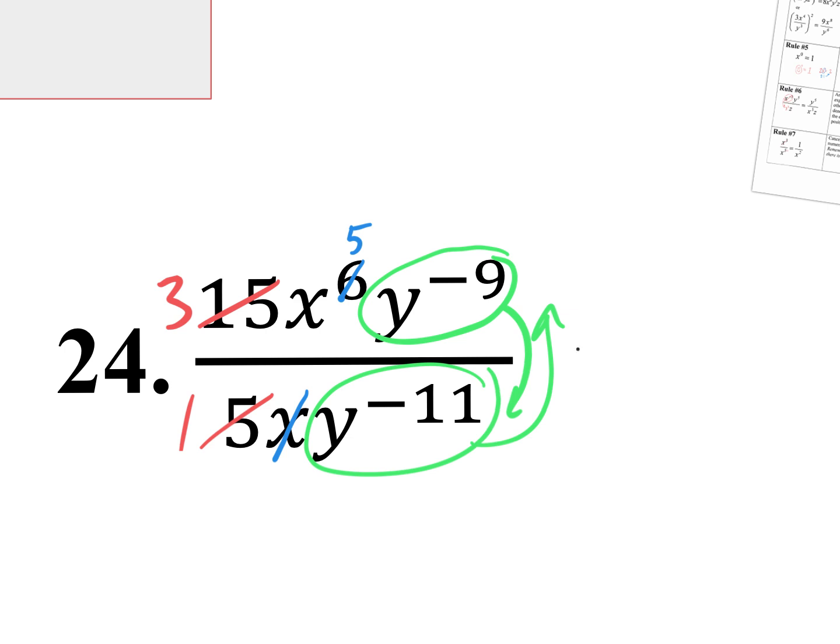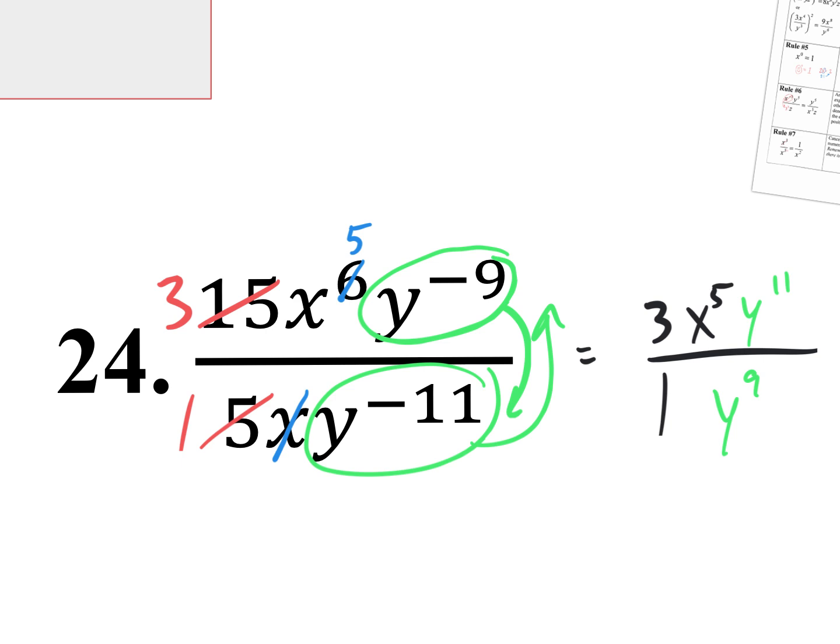Let me rewrite what I have so far. I have a 3 up on top, 1 on the bottom. I have x to the 5th up on top, right? X to the 5th. And this y to the negative 9 is going to go down, and it'll become y to the positive 9. And the y to the negative 11 is going to go up, and it's going to become y to the positive 11. And then we notice, hey, we have the canceling rule again, right?